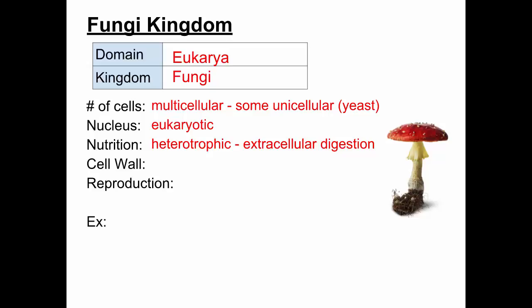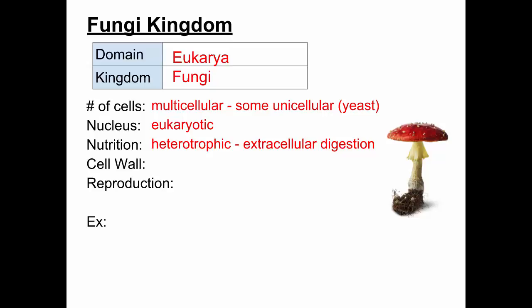Not quite excess. So when are extracurricular activities, when do they take place? After school, outside of the typical school day. Extra means outside. So outside of the cell digestion, and we'll talk about what that means in a minute, but digestion happens not within the fungus, but outside of it.